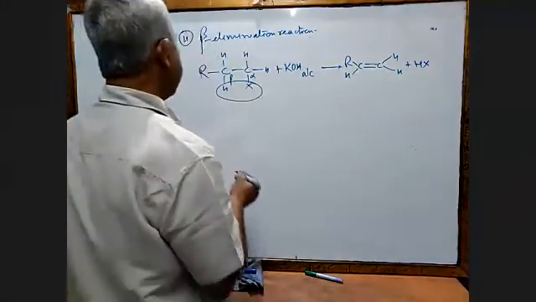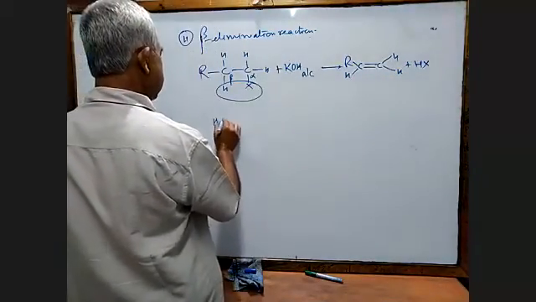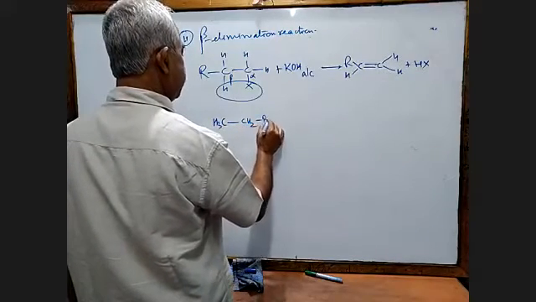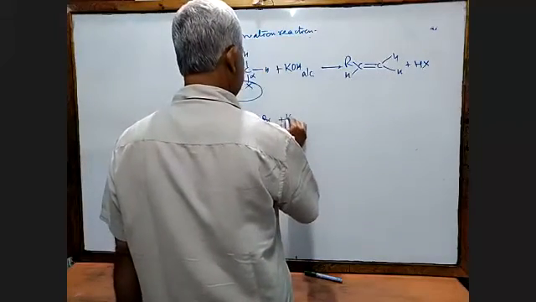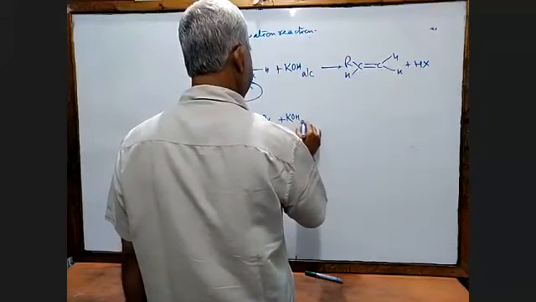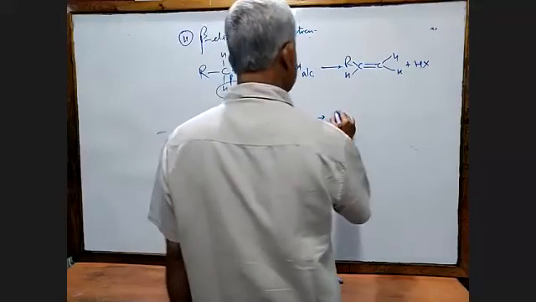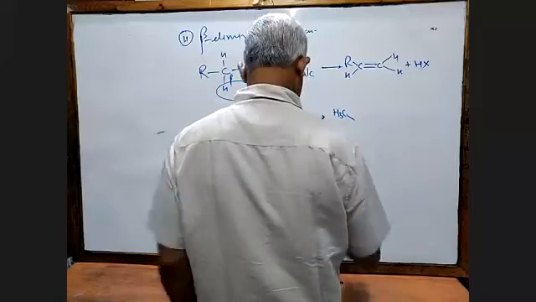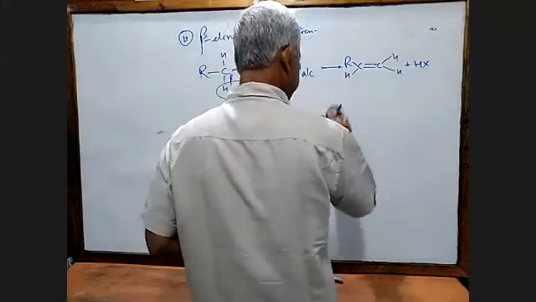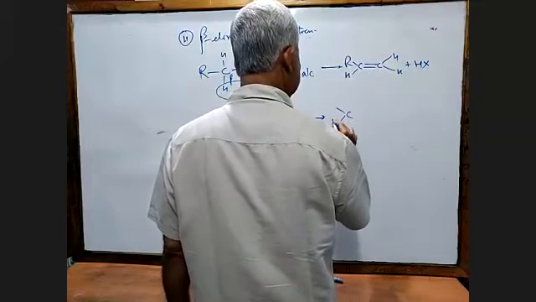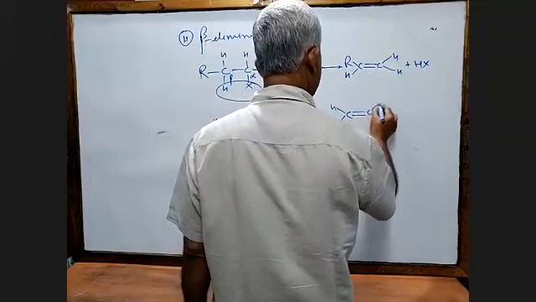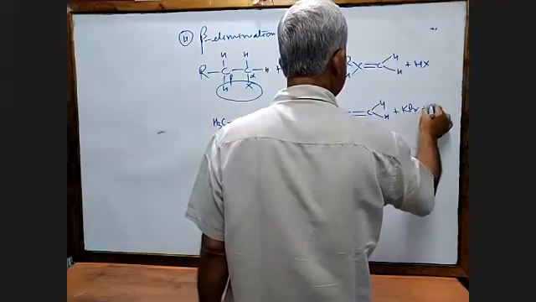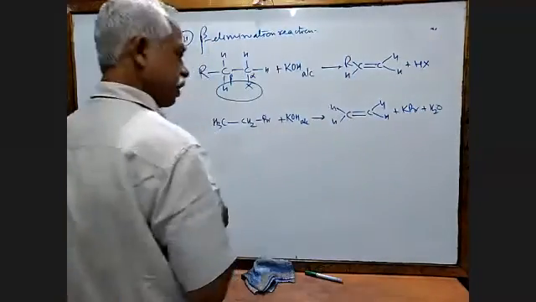So let me write here CH3CH2Br, potassium hydroxide, alcoholic, so it will give me CH2=CH2, ethene. It will give me ethene, and potassium hydroxide will react with HBr and you will get potassium bromide and water.